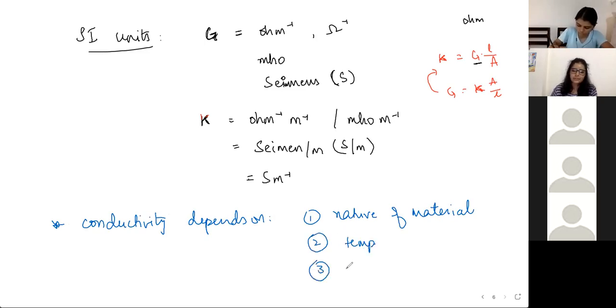And three, it depends on the pressure. If it's a solid conductor, then pressure will not become a factor. But when we're talking about electrolytes and all that, then pressure will start to matter.